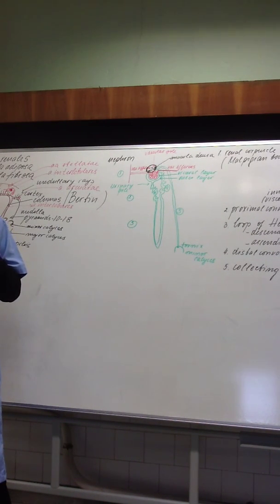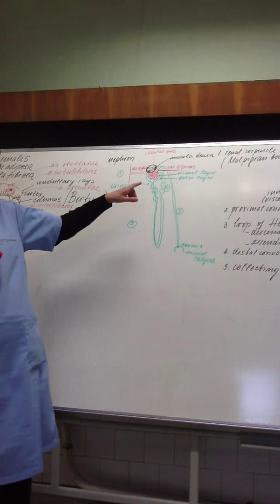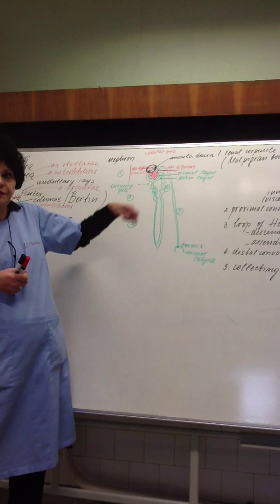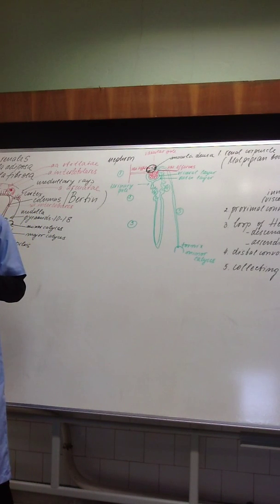They detect the level of sodium in primary urine within the lumen of distal convoluted tubules. Mesangial cells are also subdivided into several classes. They secrete intercellular substance. Some of them act as macrophages.